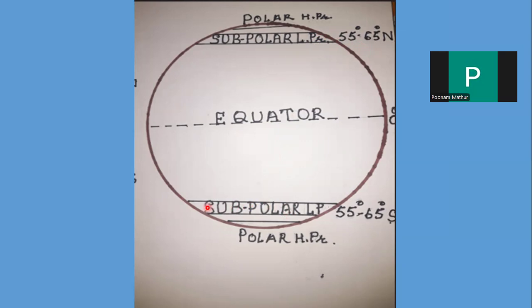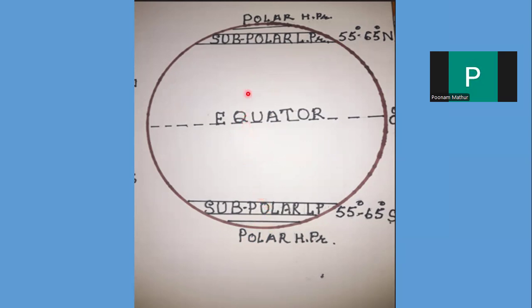Another belt is the polar high pressure belt. The polar high pressure belt is located near the North Pole and the South Pole. These regions, we know, experience very low temperature throughout the year.